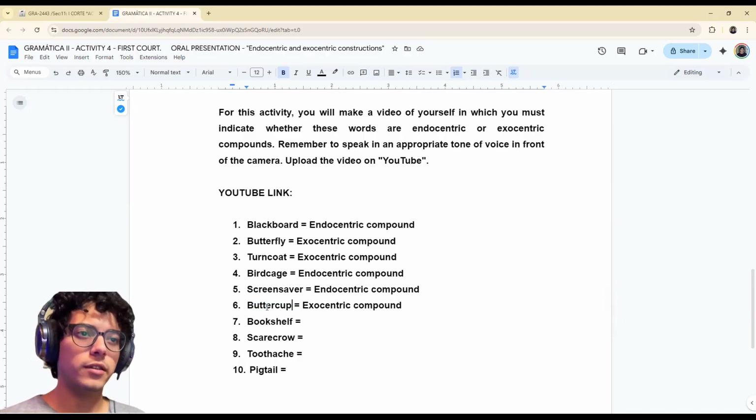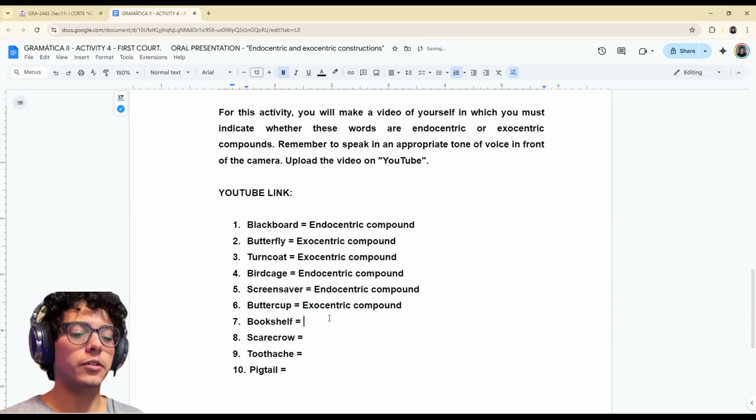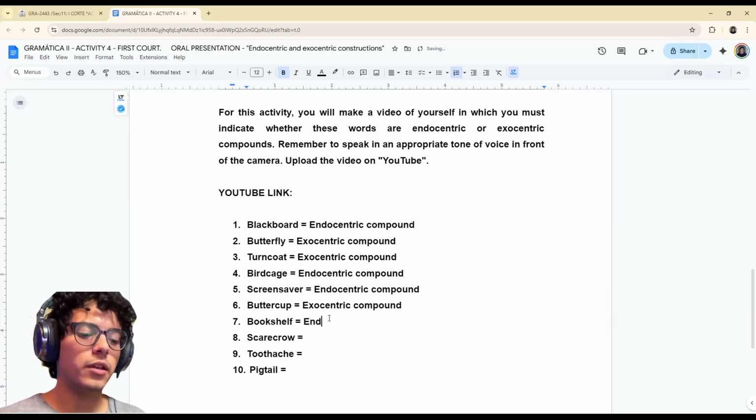There's nothing in the word that hints that we are talking about a flower. So it is an exocentric compound. Bookshelf, on the other hand, on the contrary, is endocentric. A bookshelf is a kind of shelf. Therefore, it is an endocentric compound.